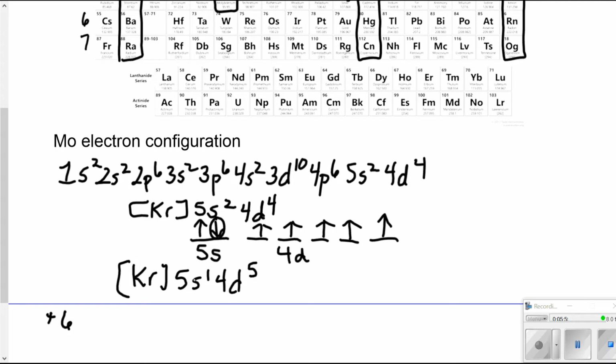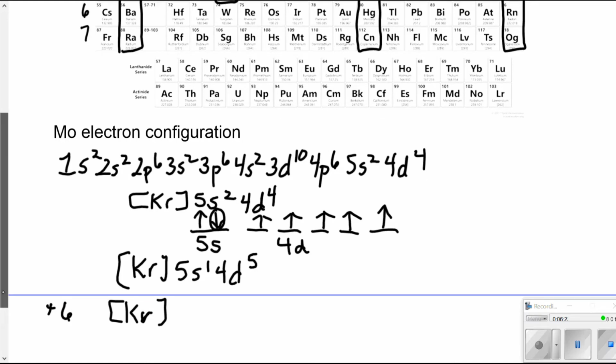It just loses all those valence or last electrons. And so in that process, it would just basically be the electron configuration of Kr. It would be isoelectronic with Kr. Well, that wouldn't make it have any incomplete d's, and so it would not be considered a transition element if that was its only oxidation number or its only ion.